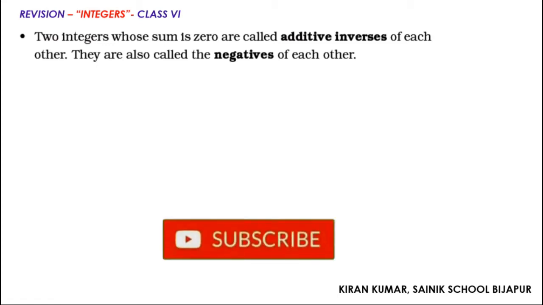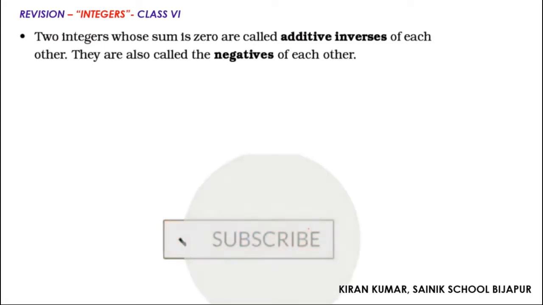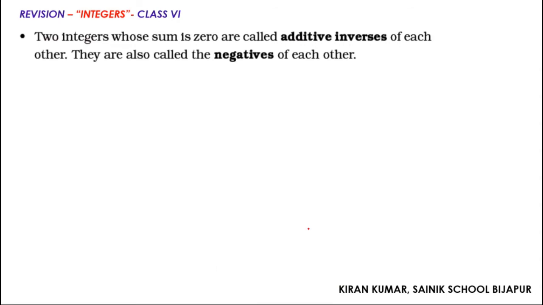They are also called negatives of each other. If you have 5 added to negative 5, the resultant is 0. 5 and negative 5, they are negatives of each other, are additive inverse of each other.